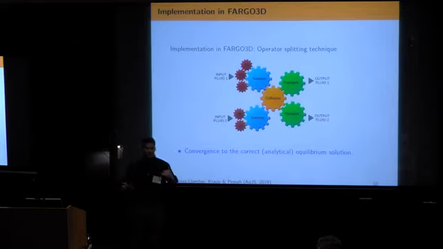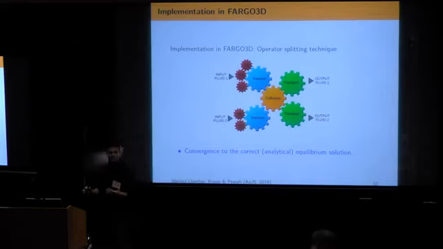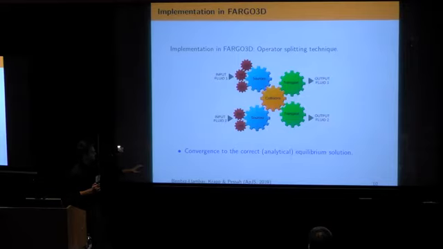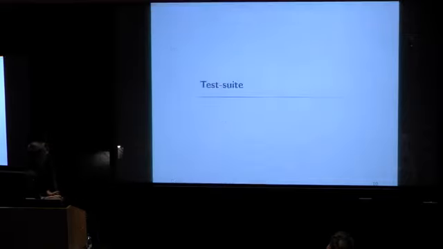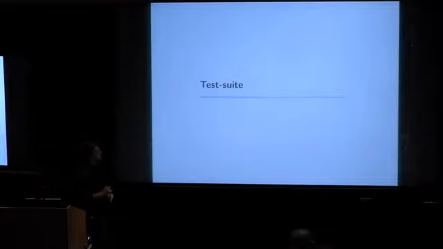In the limit, you will get the same equilibrium solution, and that's something you can prove. It's explained in the paper, and that's very important because this satisfies a lot of important properties. Now you can always be sure that your problem will converge to the right equilibrium as a function of time.